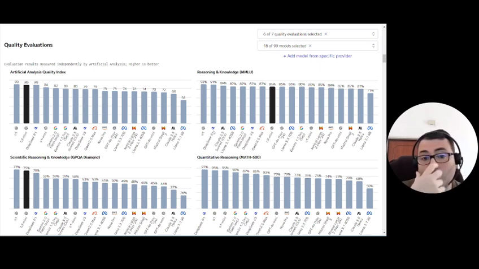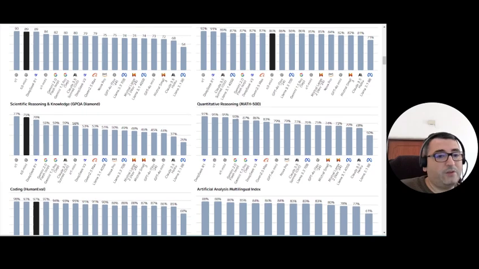In terms of reasoning, the O1 and Deepseek are the best, scoring 91, 92, 91%. Interestingly, this one scores less, at 86%. In terms of scientific reasoning and knowledge, we can see the O1 scored the highest together with O3 Mini and then Deepseek. You can notice Deepseek is leading all the charts together with the O1 and the O3.